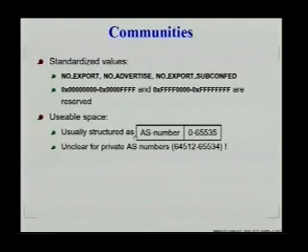Community values can be picked in two different areas. First of all, standardized values that are reserved for well-known meaning, like no export, no advertise, and so on. And another part that can be delegated to each AS. In this case, the community value will be divided in two parts.